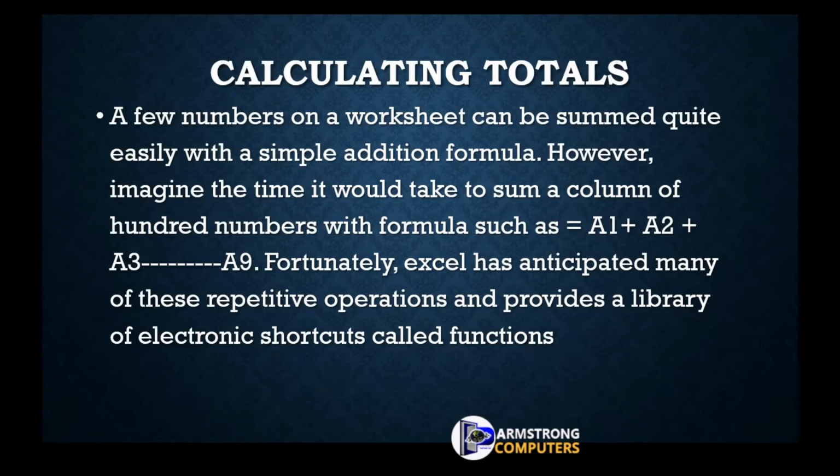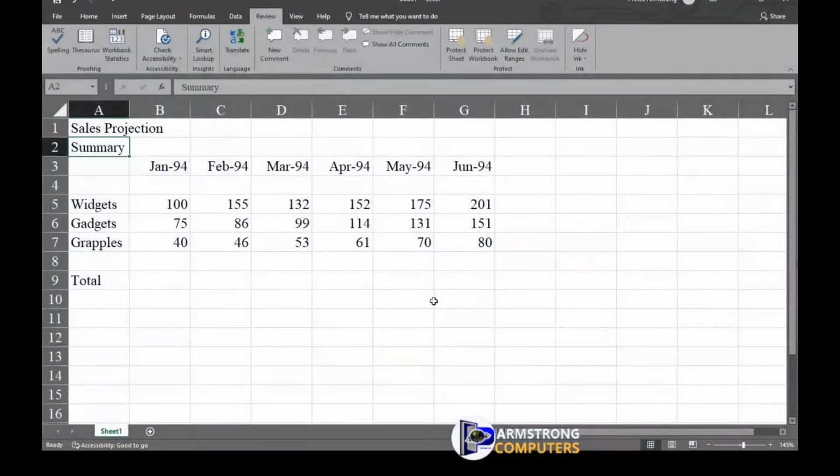Excel has anticipated many of these repetitive operations and provides a library of electronic shortcuts called functions. Let's assume I have this worksheet, and I'm asked to sum a cell range from cell A1 to A3.